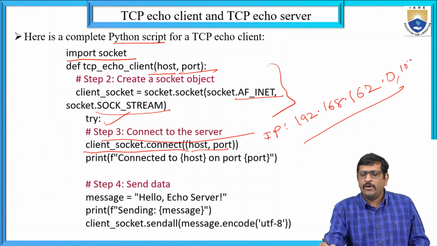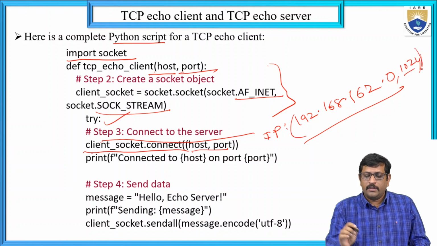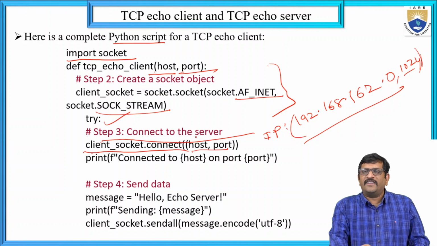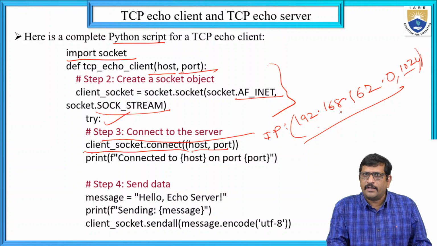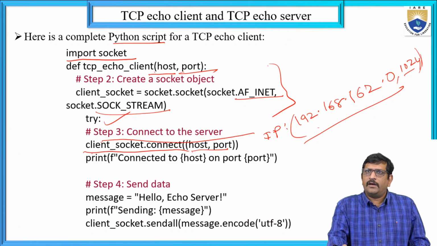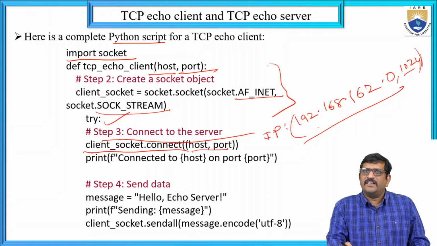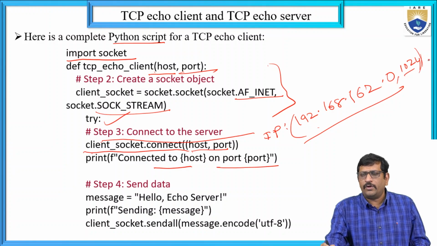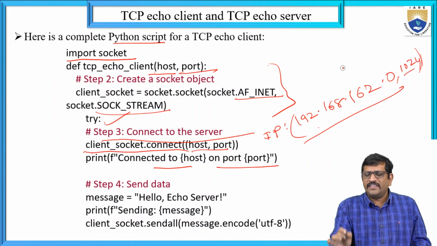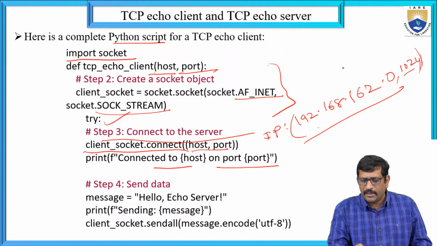For example, the port number is 1224. Once the socket is connected to the server with the help of this IP address and port number, it is binding the socket to the server. Once it is connected to the host on a particular port number, here 1024, it will be connected on that particular port number.